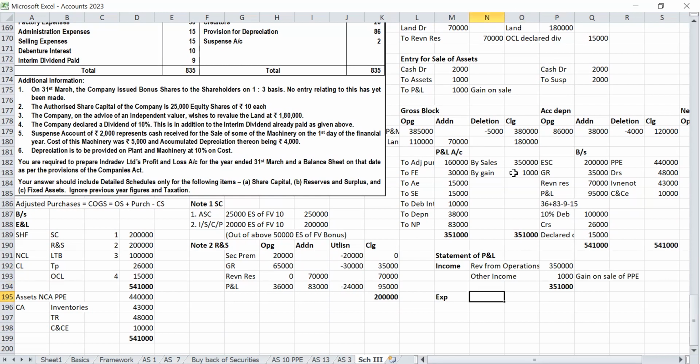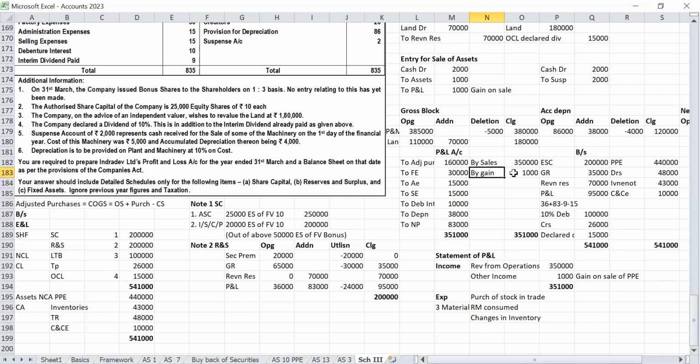In expenditure, 6 items are there. 3 items for material, which is purchase of stock in trade, raw material consumed, changes in inventory.